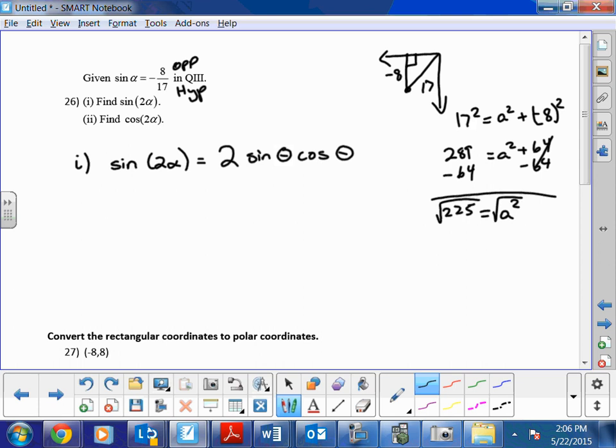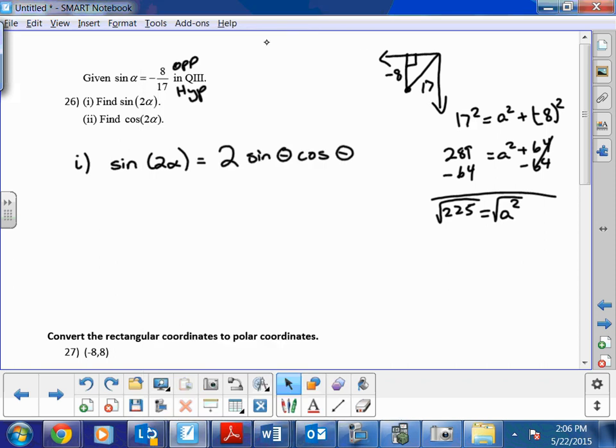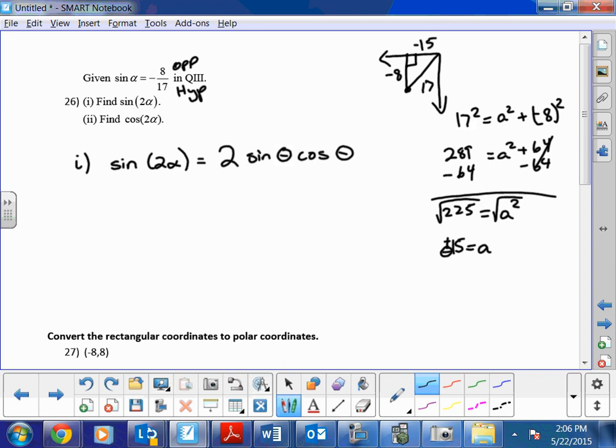Let's take the square root of 225. I'll say it's 15, but let's double check. Square root of 225, it is 15. So a is going to be plus or minus 15. Now, because of being in quadrant 3, I'm forced to use negative. So this is really negative 15.